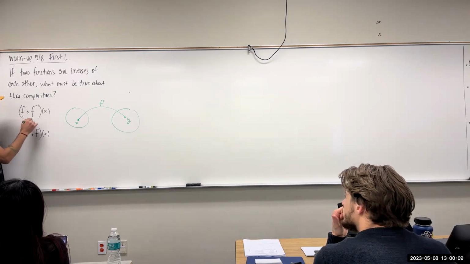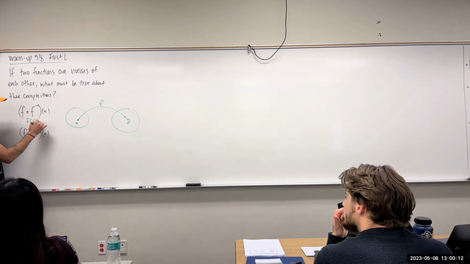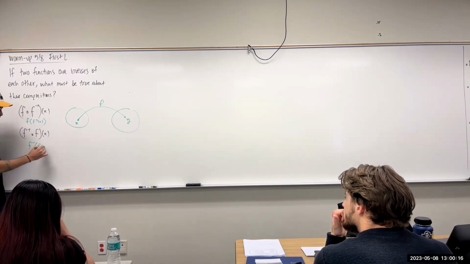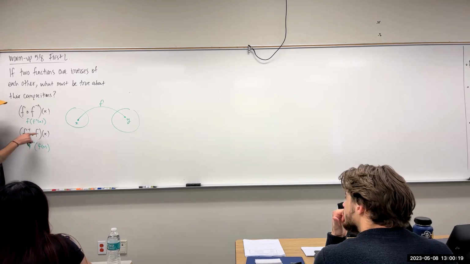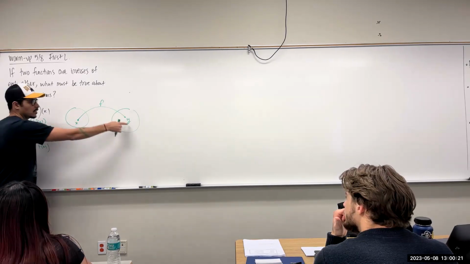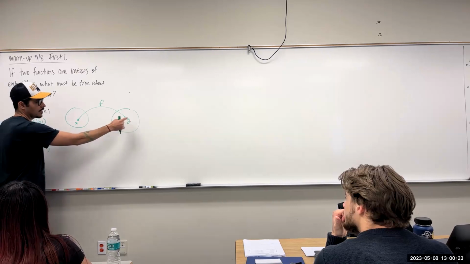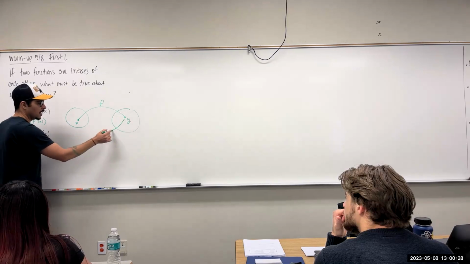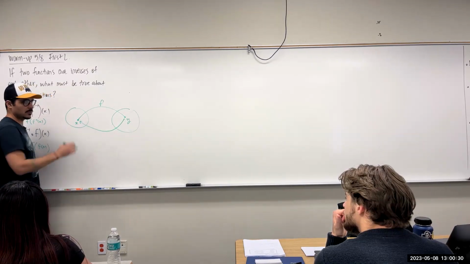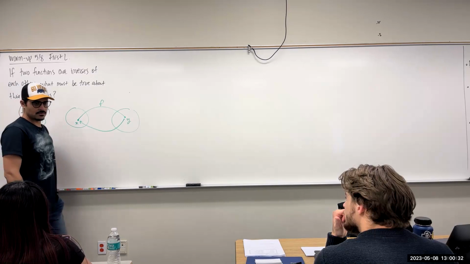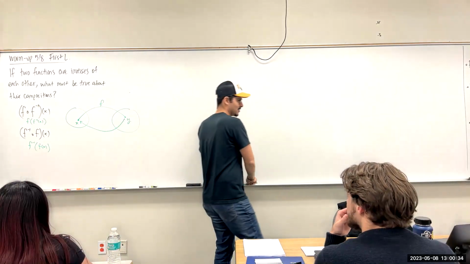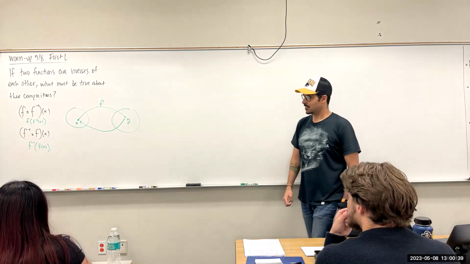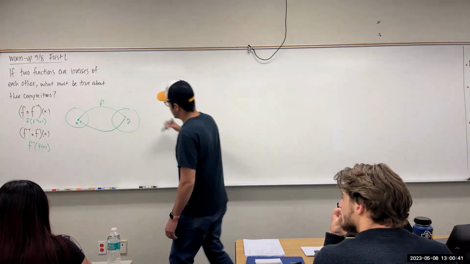Remember, this means this, composition notation, right? And this one means this. So X gets plugged into F, gives you some number, and then that number gets plugged into F inverse, but it's a special property of what happens with that. That's my hint. See if you can use that to conclude what would happen.